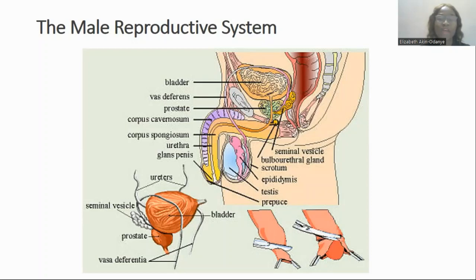Something else we will find behind the bladder are the seminal vesicles. The seminal vesicles empty their contents directly into the ejaculatory duct.